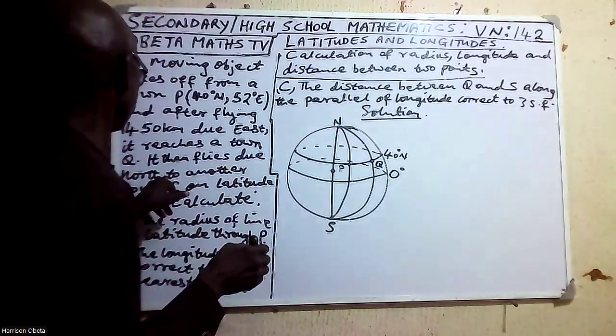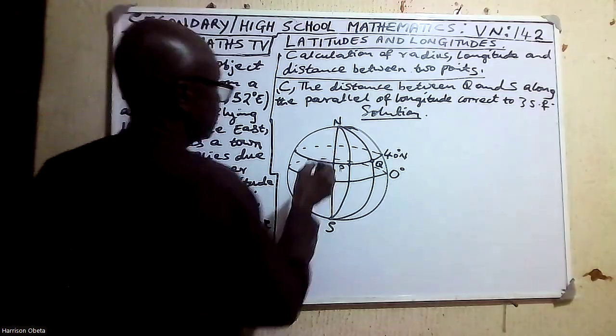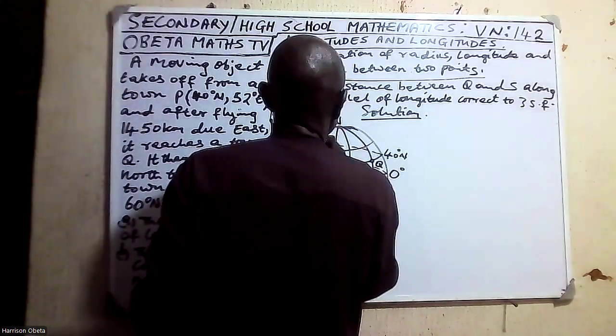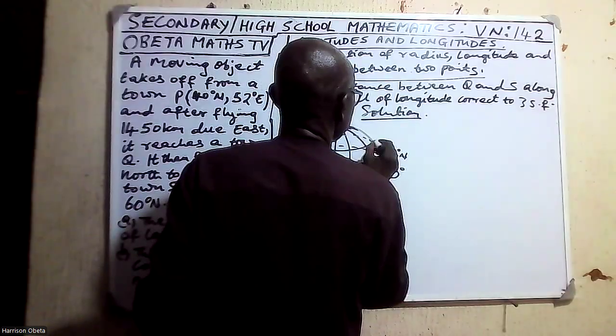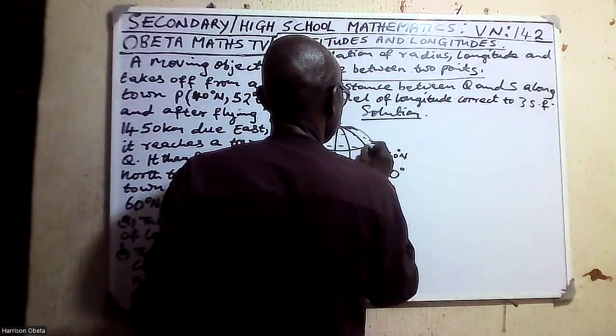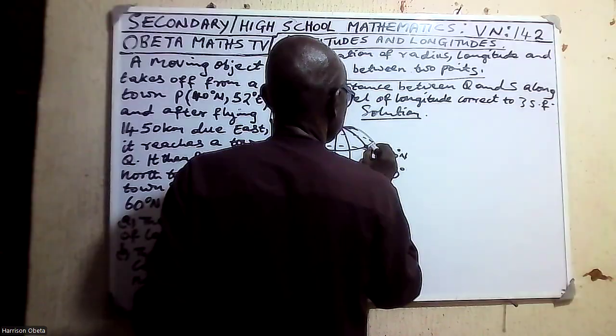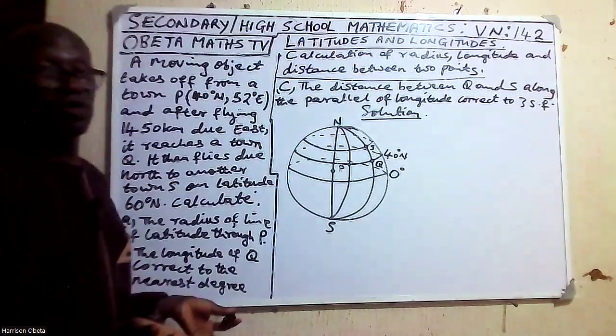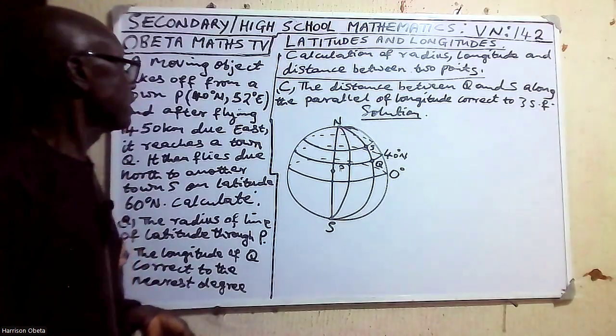It then flies due north to another town S. We don't know this, but let us take this to be our S. So we have located the points.